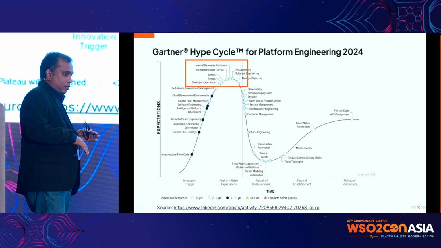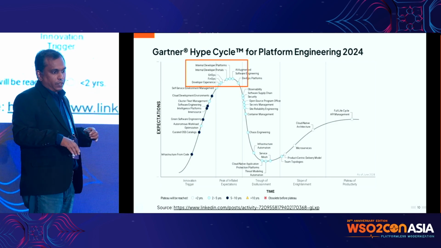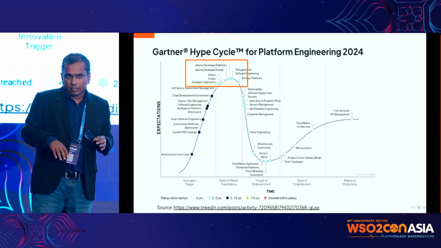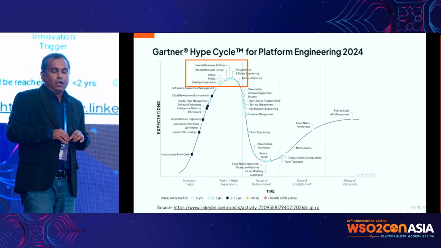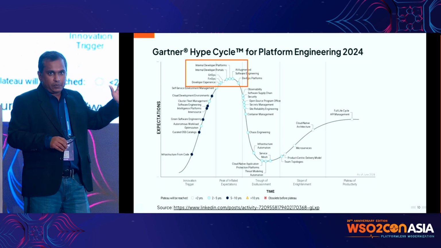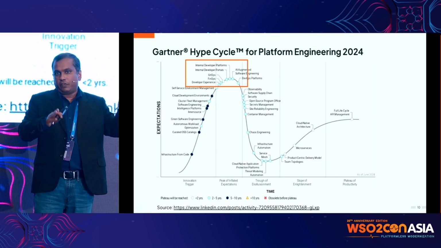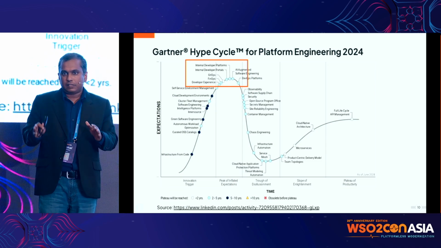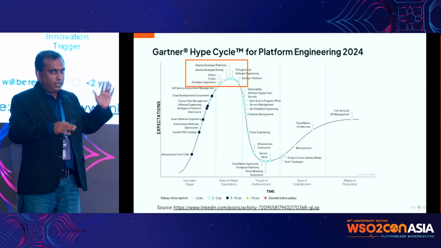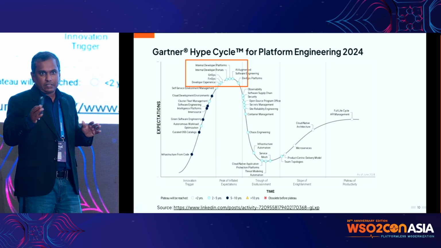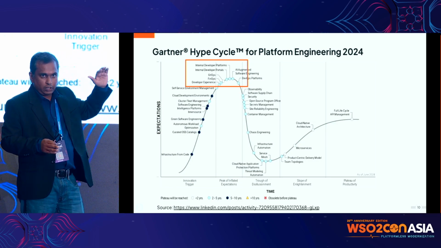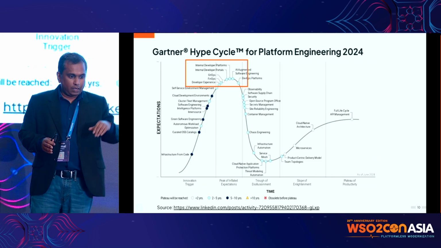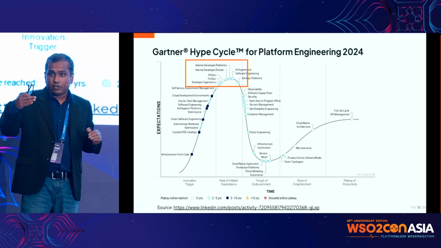Now this is the Gartner hype cycle. If you are not familiar with the Gartner hype cycle, they release a hype cycle for different categories and areas. They analyzed the industry and tried to map the areas into this hype cycle.